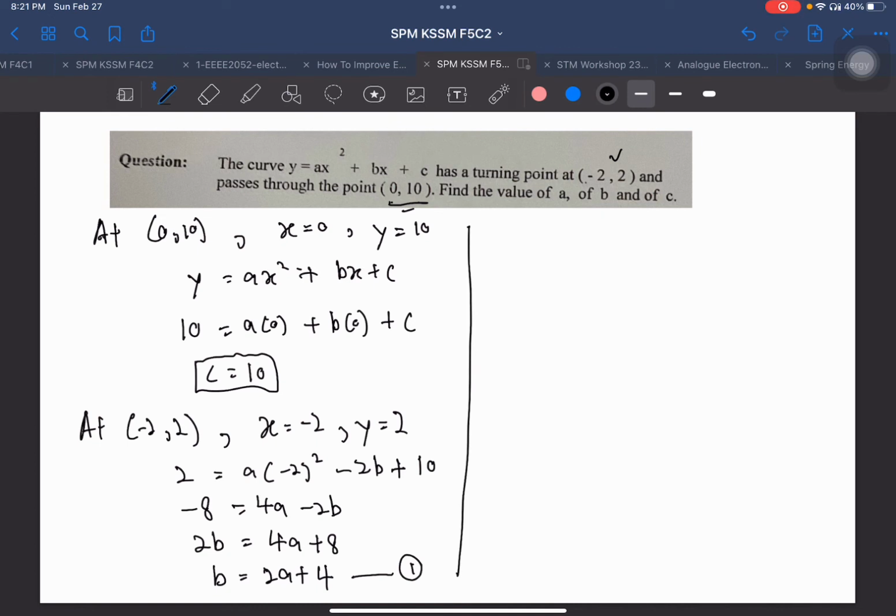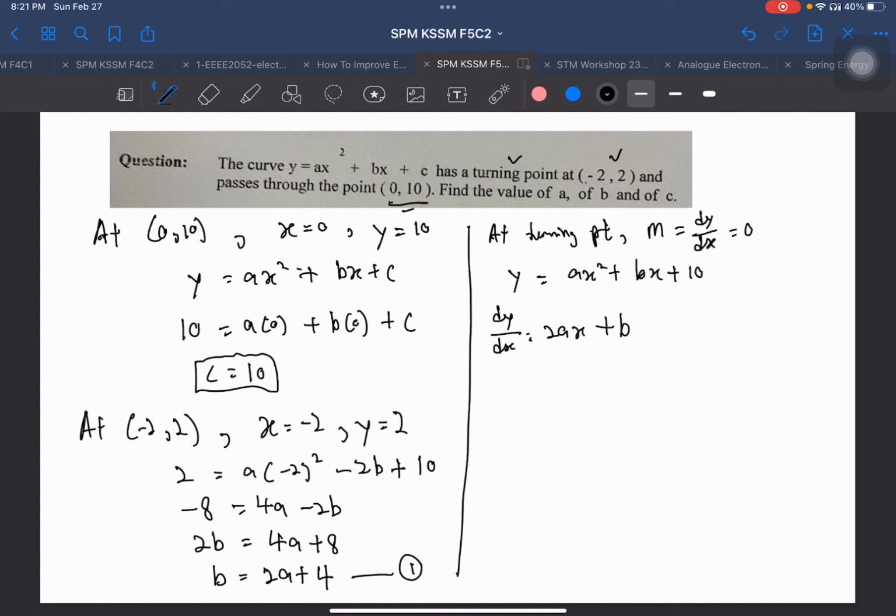Next, you know that this is a turning point. Therefore, at the turning point, the gradient is equal to 0. So what is your dy/dx? You have y equals ax squared plus bx plus 10, so dy/dx equals 2ax plus b, equal to 0 at this point.